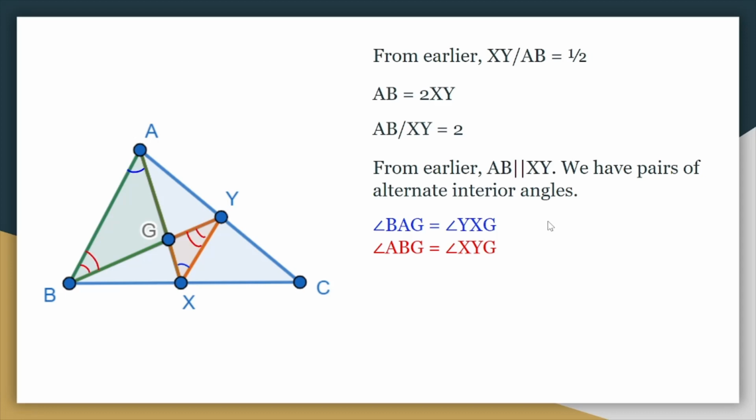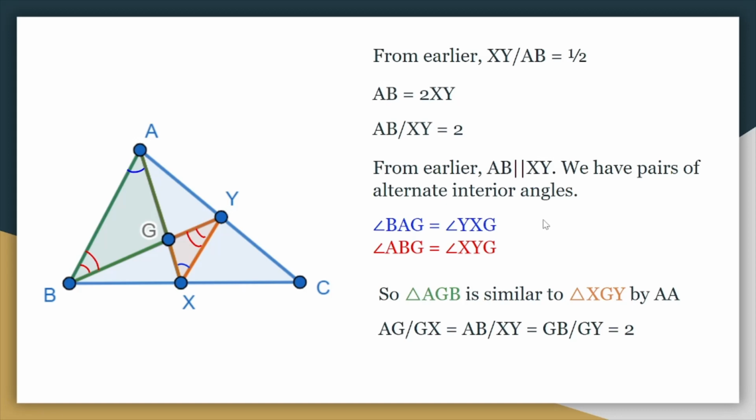And so triangle AGB is going to be similar to triangle XGY by angle. And since the lengths of corresponding sides of similar triangles are proportional, we have that AG divided by GX equals AB divided by XY, which equals GB divided by GY, which equals 2.